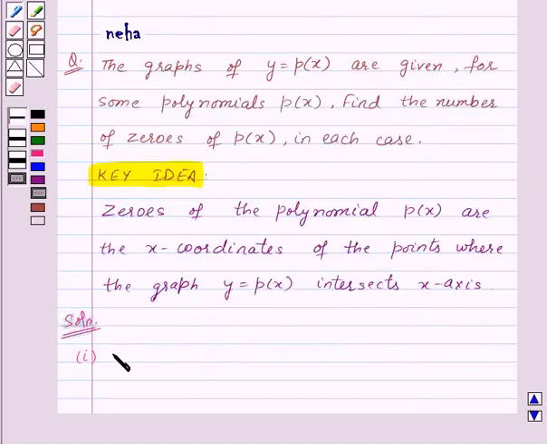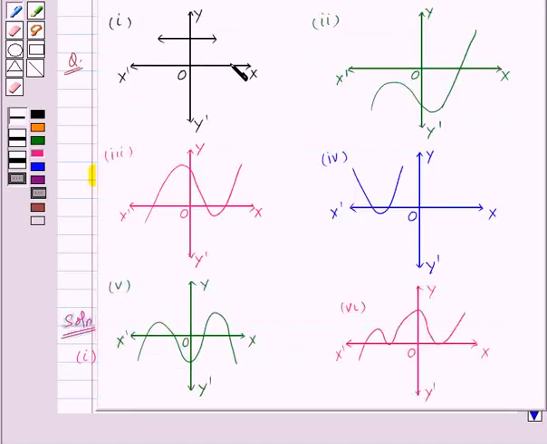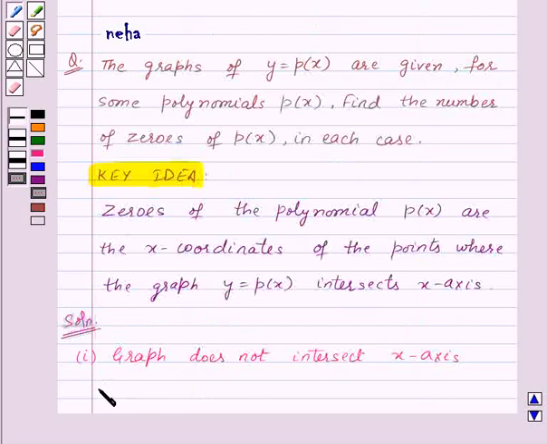So, we will write graph does not intersect x-axis, therefore there will not be any zero for this graph. So this implies there are no zeros.